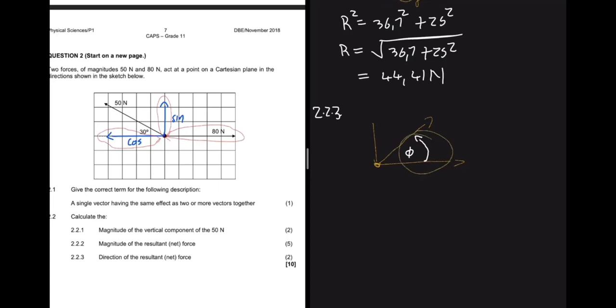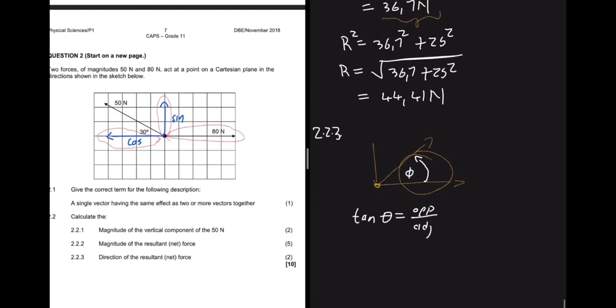If you want to calculate that angle, you will use tan of theta equals opposite divided by adjacent. So what is the adjacent? The adjacent is the x component, so it's 36.7. And then the opposite is the y, which you can put here, of 25 Newton.